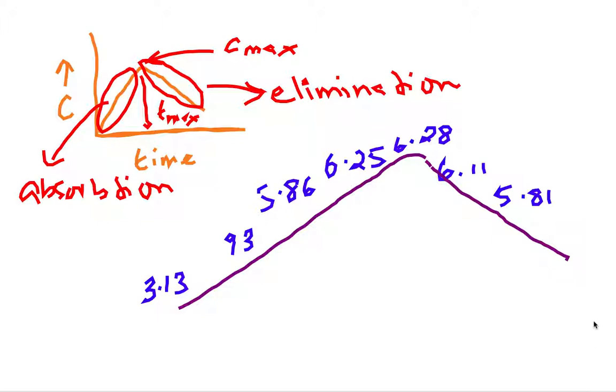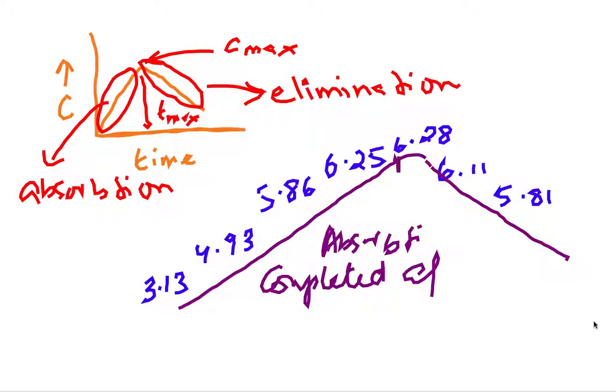So let's say for this problem that the absorption was completed after 4 hours. What that means is we have to use time point 5 hours and later for calculating the elimination rate constant.